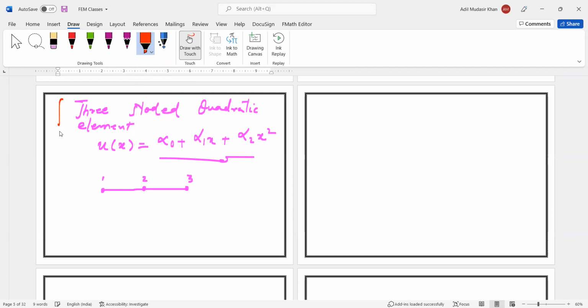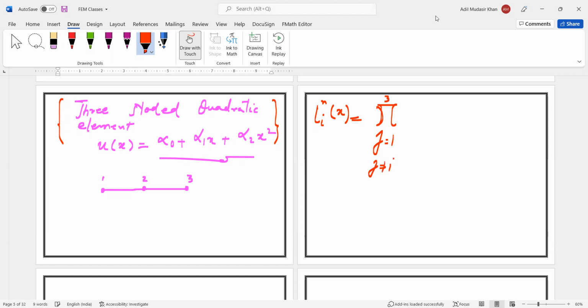In terms of zeta, we will simply write the Lagrange interpolation as a function of x, the product over j going from 1 to 3, where j is not equal to i.